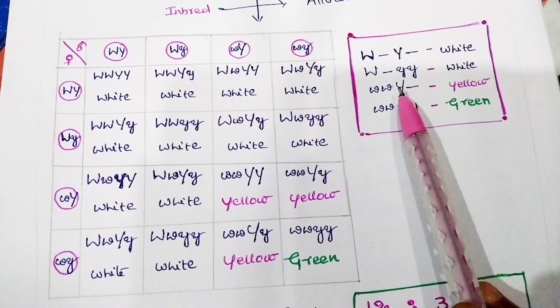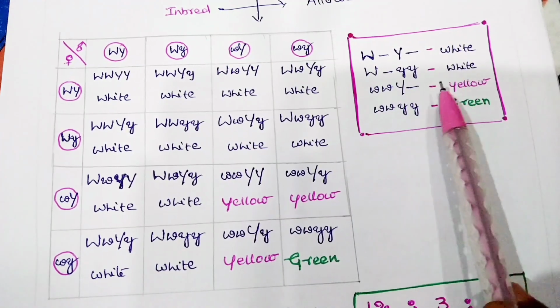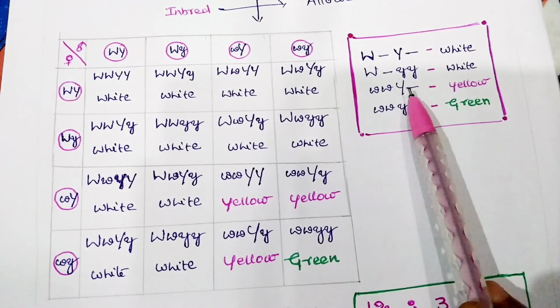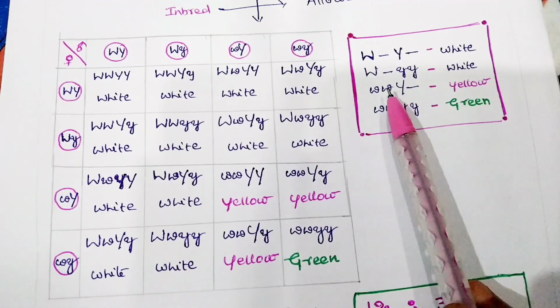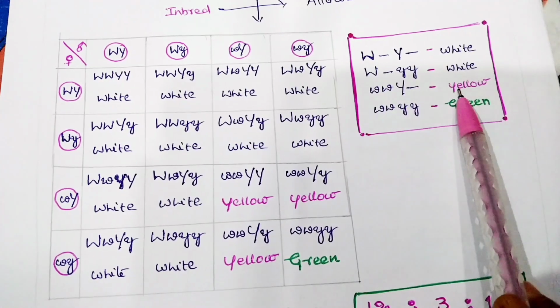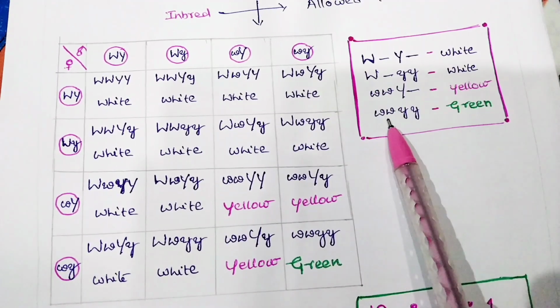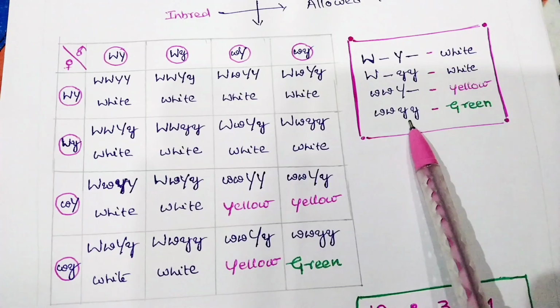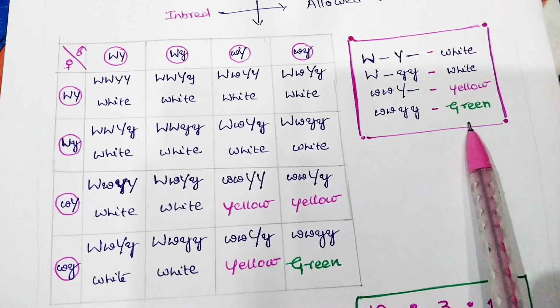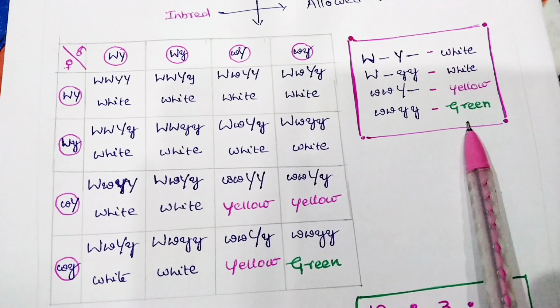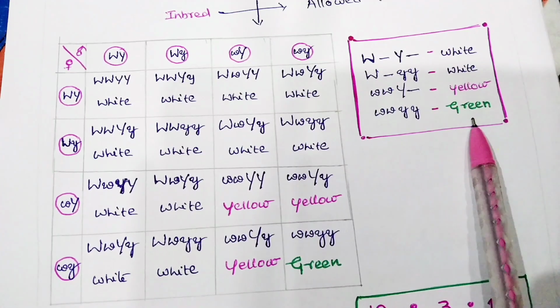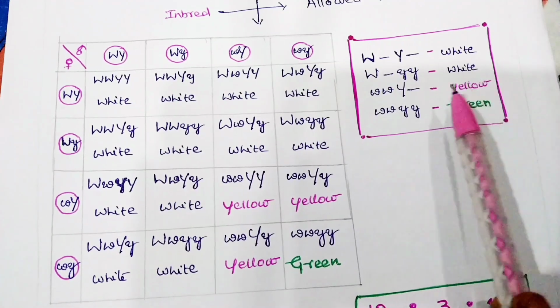The color is yellow, because the capital Y gene is meant for yellow color only and there is no capital W gene. That's why yellow is expressed. The last condition is when capital W is absent and capital Y is absent: they express green color, as the parent does. Okay, so let's see the Punnett board.